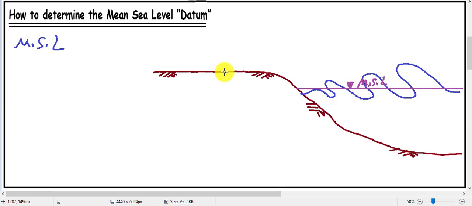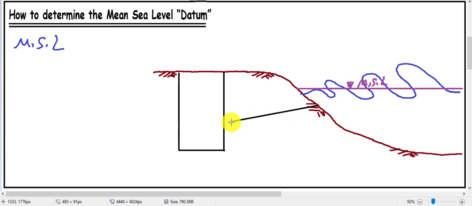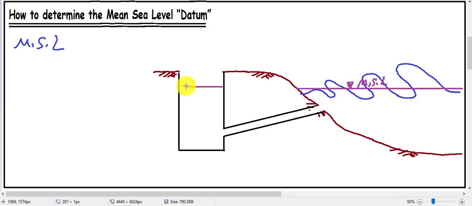We can measure this by building a well inside Alexandria harbor and connecting this well to the sea with a sloped pipe like this. Of course, this is open. So by connecting the well and the sea with this pipe, we can find here the mean sea level without the effect of the waves.